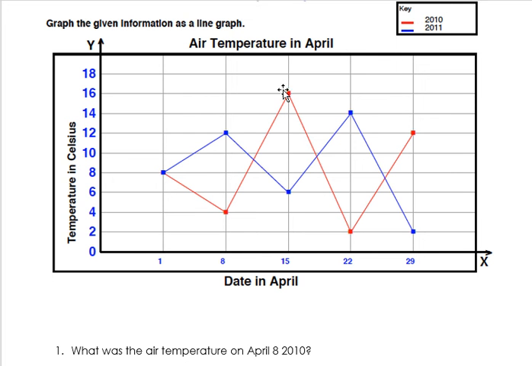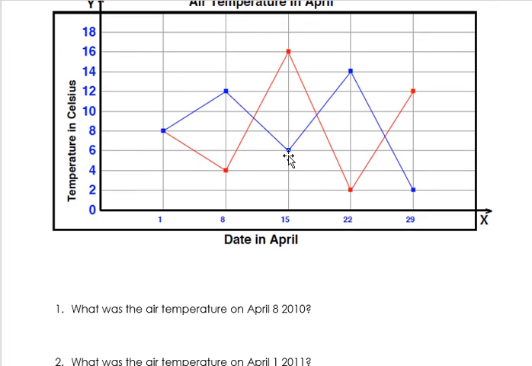And we see from here, from the 15th to the 22nd, did the temperature increase or decrease? So we find our line from the 15th and we follow it to the 22nd. Now you look at your temperatures from those 2 points and you decide, did that increase or decrease? And you make your answer from there.